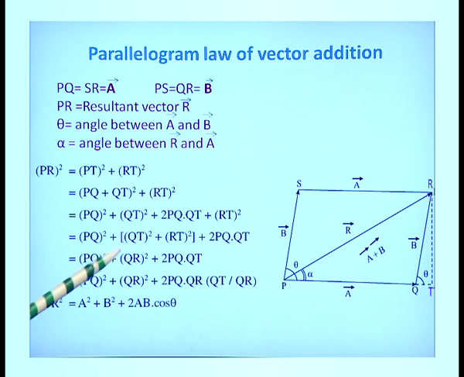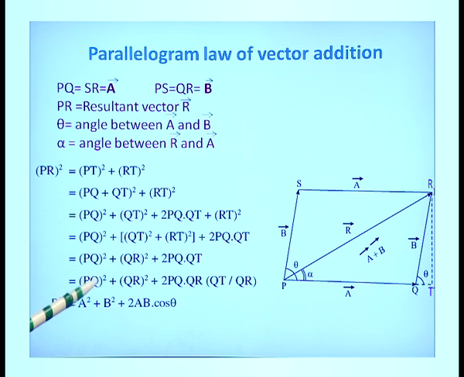Now, this can be simplified as PQ square plus QT square plus RT square plus 2PQ into QT. We have brought this RT square to here. Now, this is equal to PQ square plus QR square, since QT square plus RT square equal to QR square, plus 2PQ dot QT.